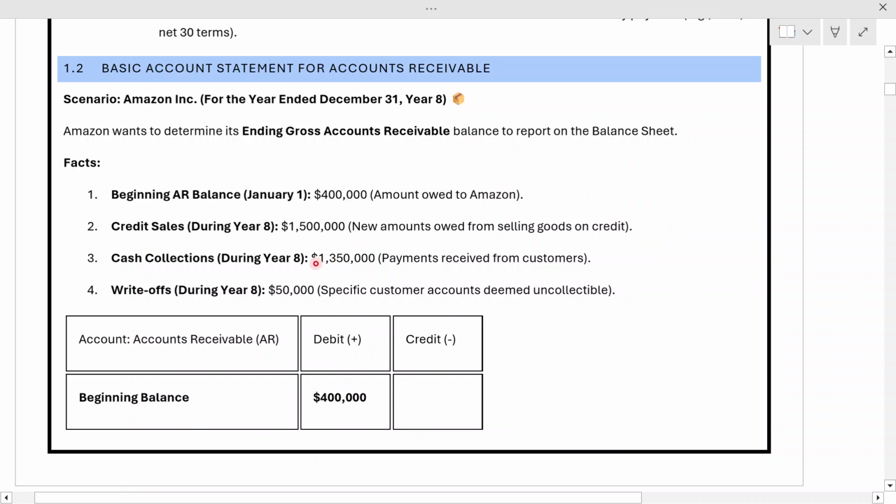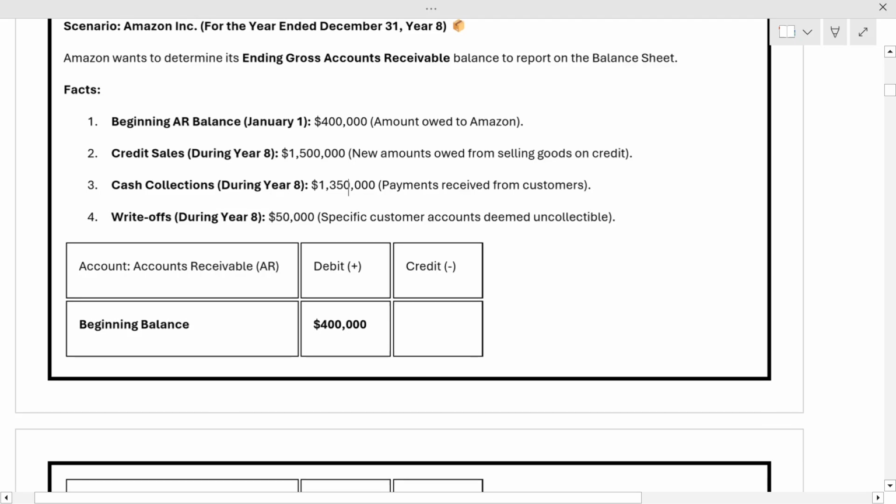So out of those two credit balances, the money they received is $1.35 million as of now. Finally, they are doing certain write-offs, meaning they won't be receiving the cash from debtors because they are bankrupt or out of business or any other reason. It's $50,000, which is specific customer accounts deemed uncollectible.